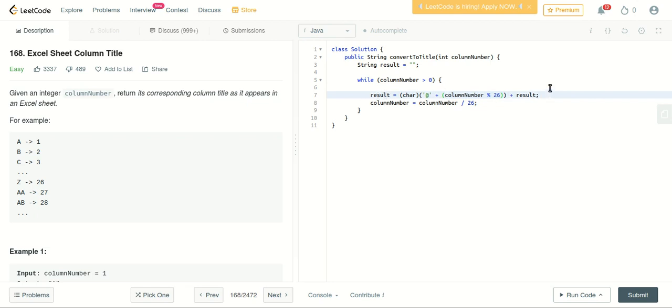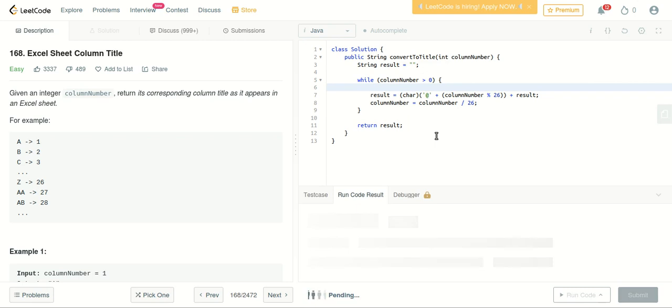Okay, so I think this looks good to me, and then we would return our result.